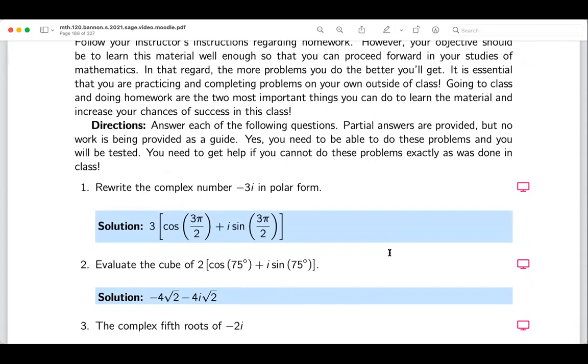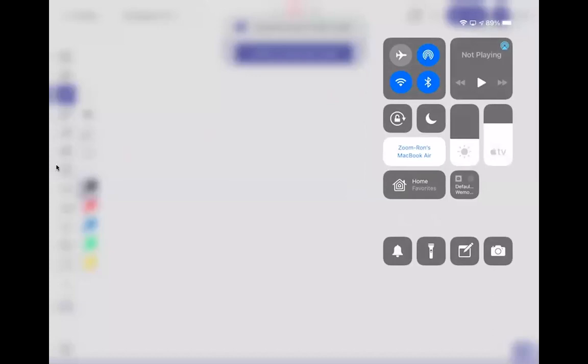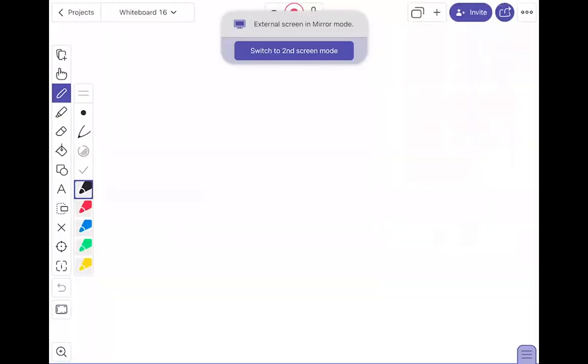I've got to open up a whiteboard here. Okay, the notes have disappeared. And what does that mean? You're looking at my whiteboard now.